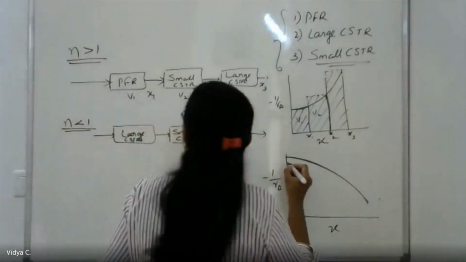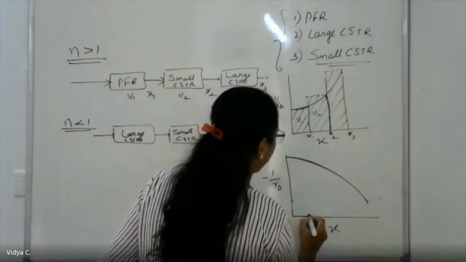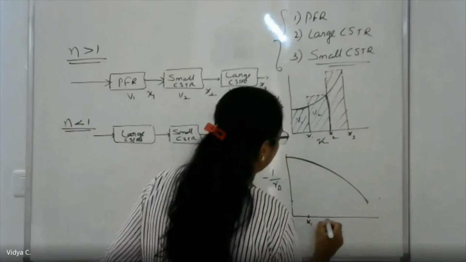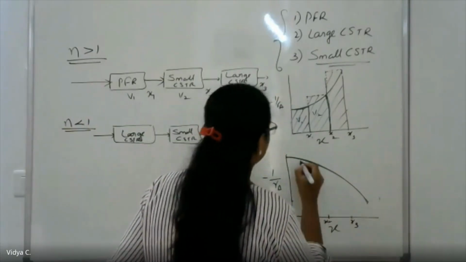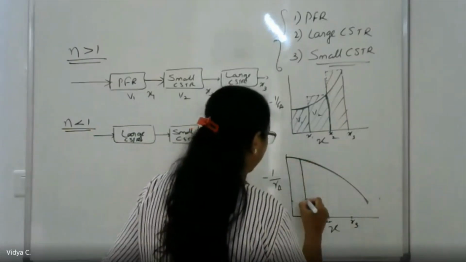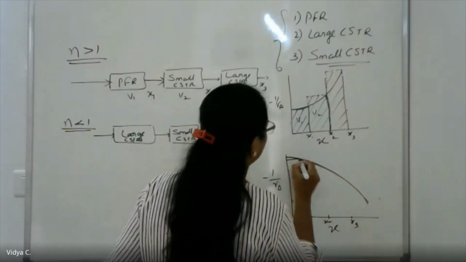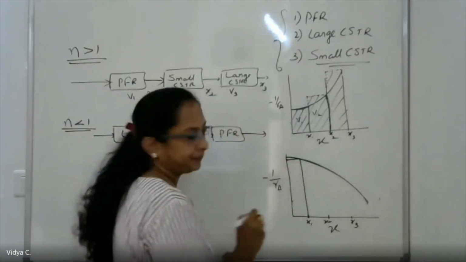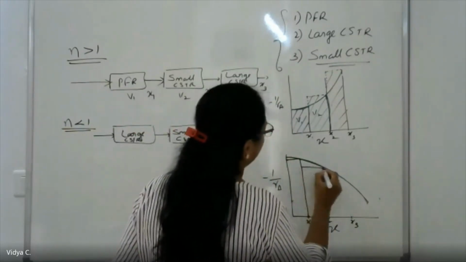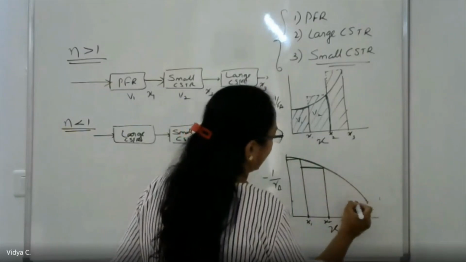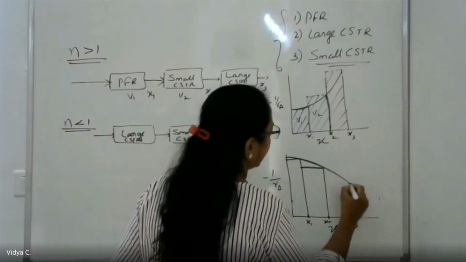Let me mark x1, x2 and x3. From x1 go vertical and then horizontal. Then from x2 again vertical, horizontal, and this will be the area under the curve.